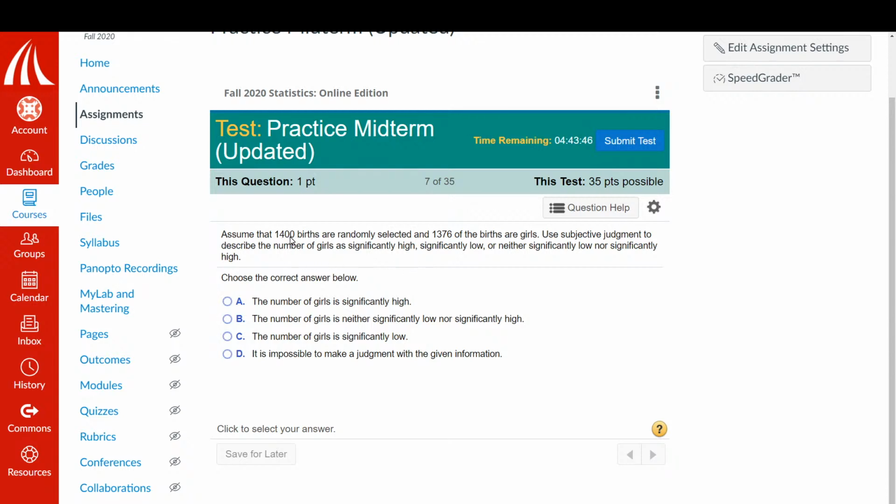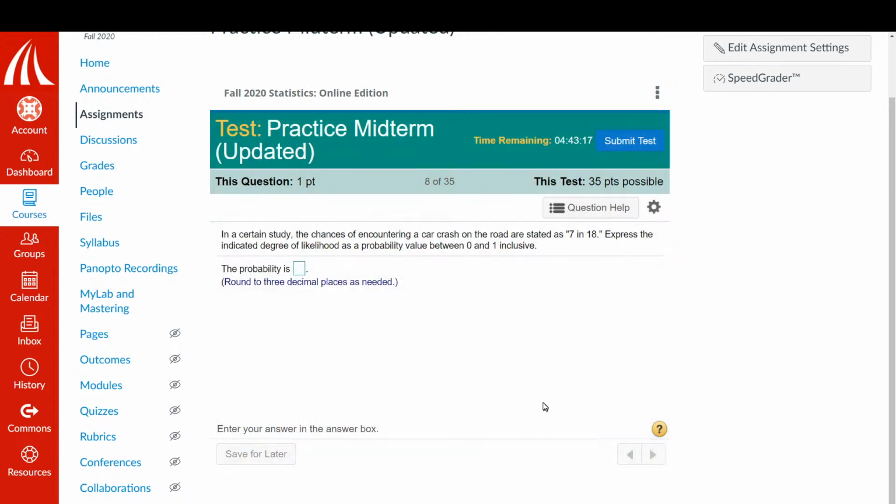So in 1,400 births randomly selected and 1,376 of those births are girls, use subjective judgment to describe the number of girls as significantly high, significantly low, or neither significantly low nor significantly high. So I think it would be best to say that it is significantly high for that reason.